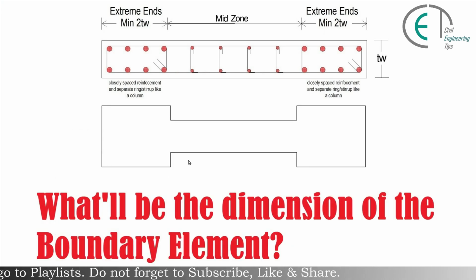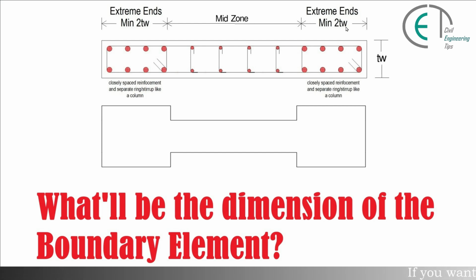So if we need to provide a boundary element in our shear wall, what will be the dimension of the boundary element? The thickness of the wall is tw, and the length of the boundary element will be 2 tw on both sides. This is the minimum requirement of the boundary element. Initially we can begin with the length of the boundary element as 2 tw.